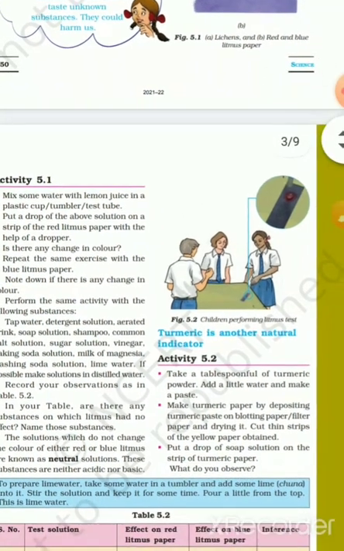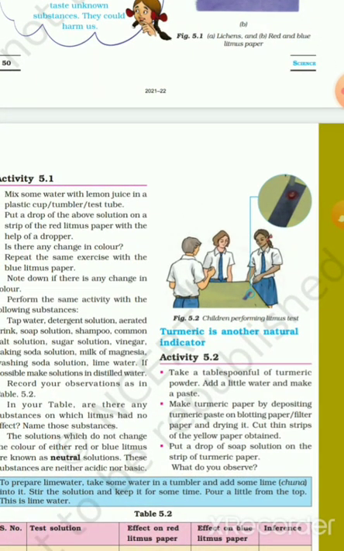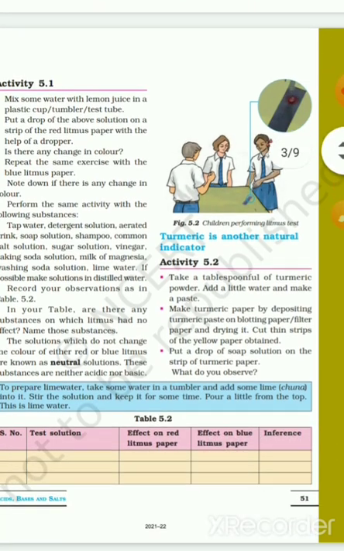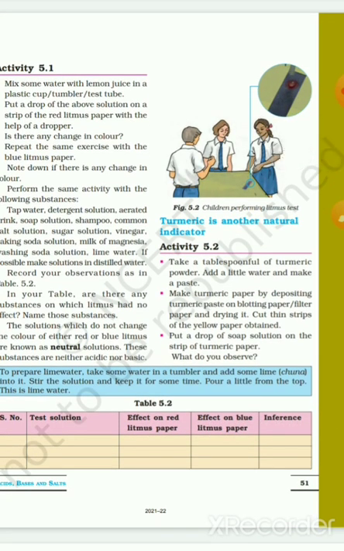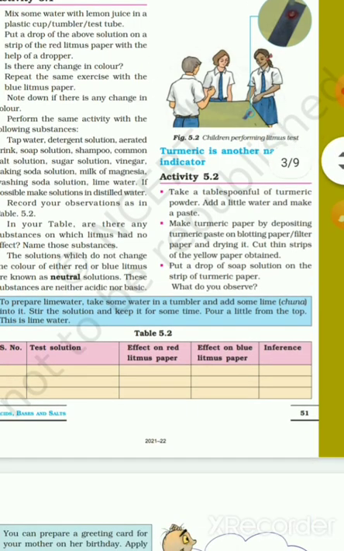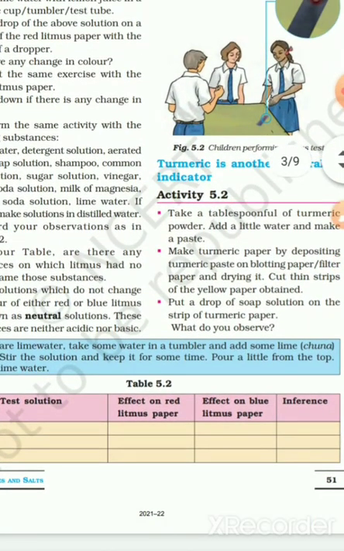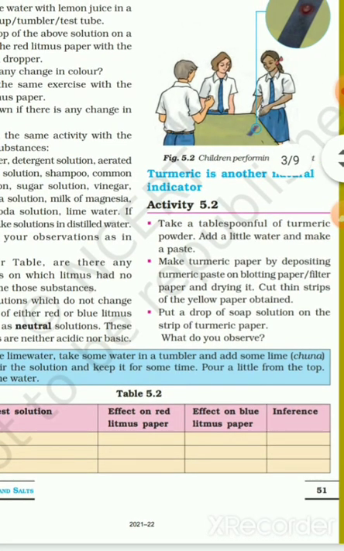As we all know, when we get wounded and some soil is in our wound, our mother tells us to apply some turmeric on the wound. You might have wondered why. It is because turmeric is very good for health and it kills bacteria.